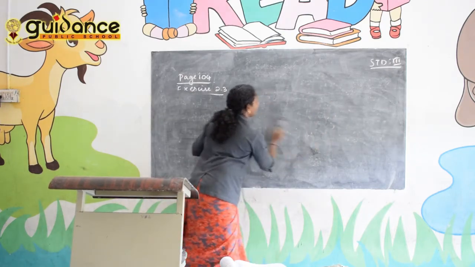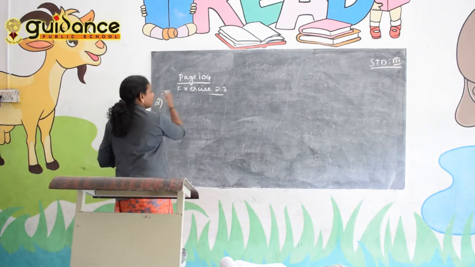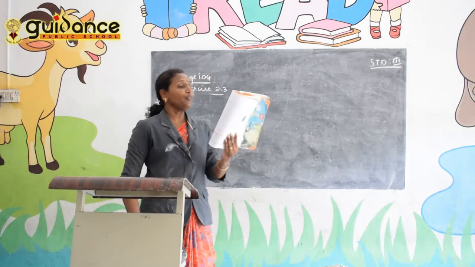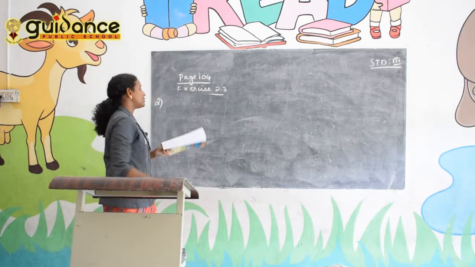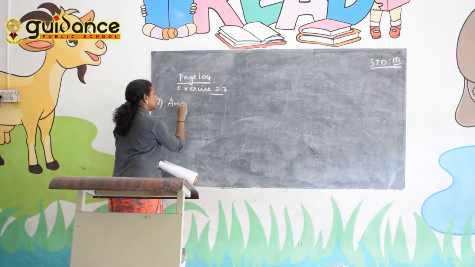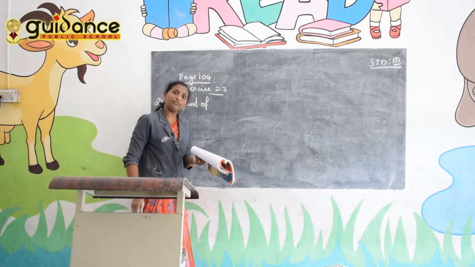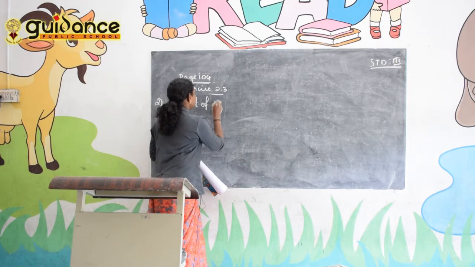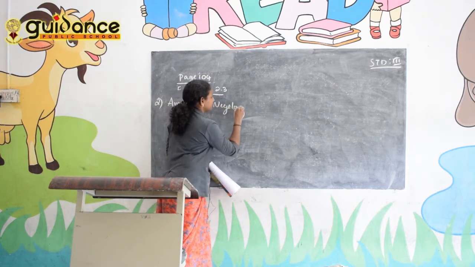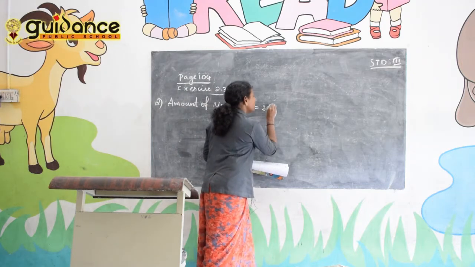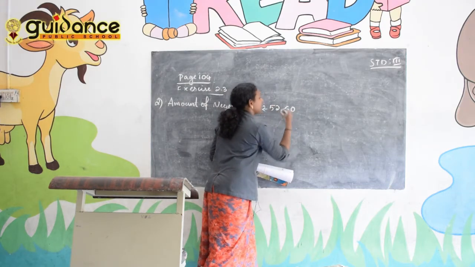All of you write question number 2. Veena bought vegetables for 52 rupees 60 paise. The amount spent for vegetables is equal to 52 rupees 60 paise.